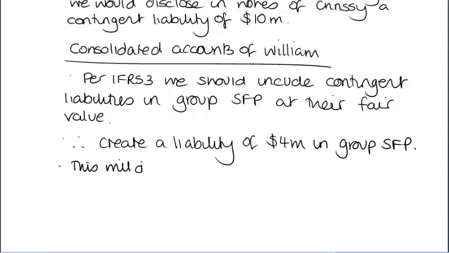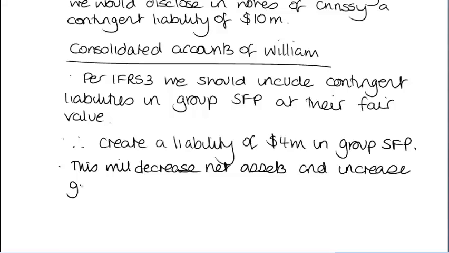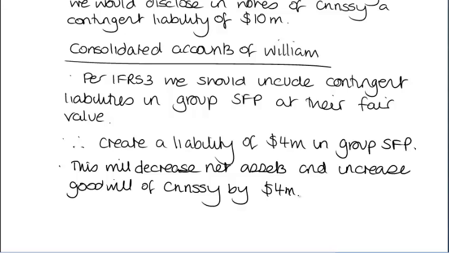This will decrease net assets and increase the goodwill of Chrissy by 4 million. So can you see I've identified and I've addressed both parts of the question.